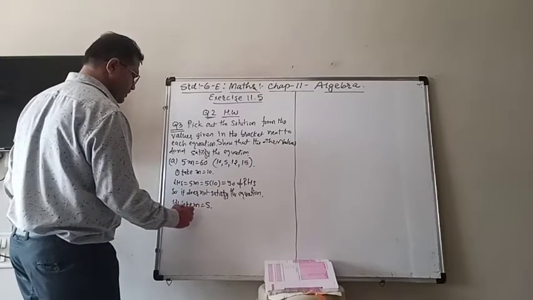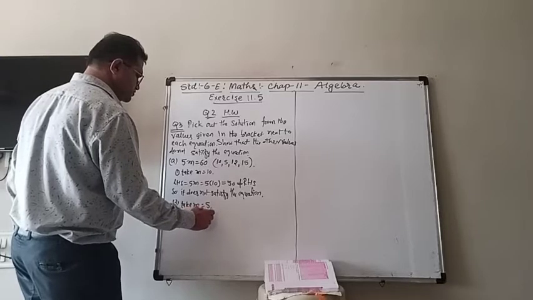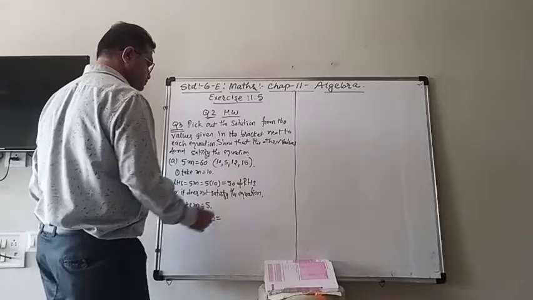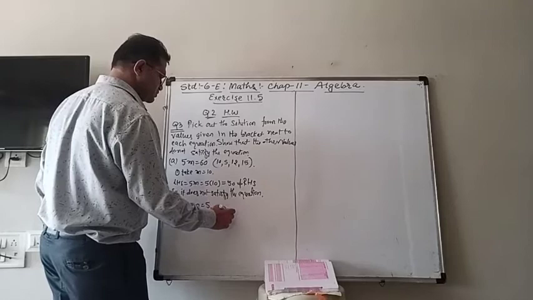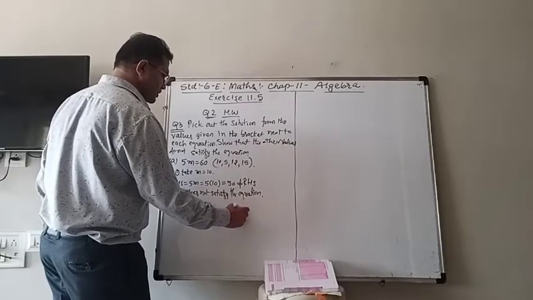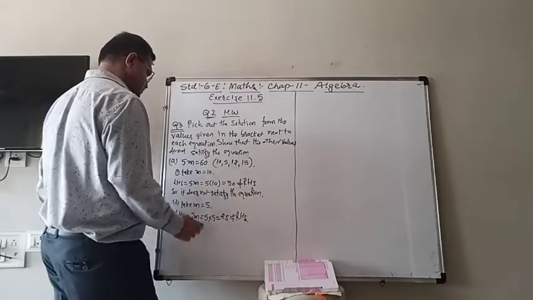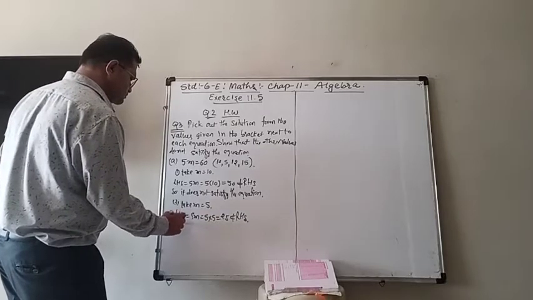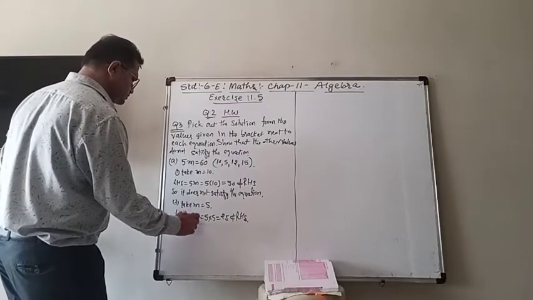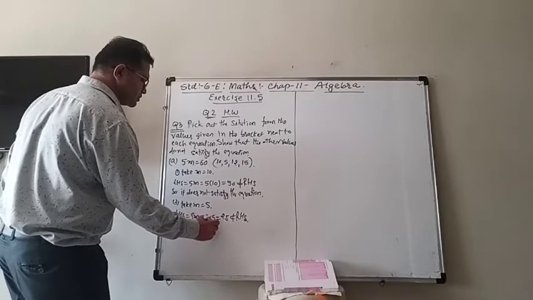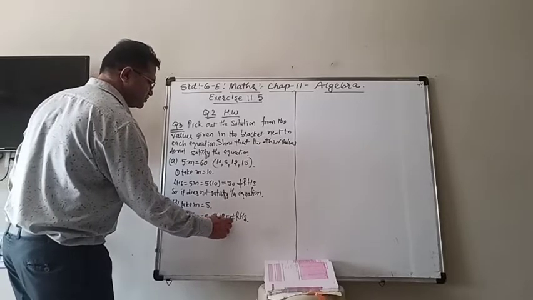So LHS is 5m equals 5 into 5, that is 25, which is also not equal to the RHS. Therefore, it does not satisfy the equation.